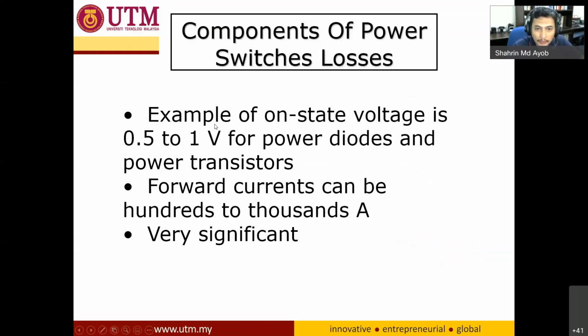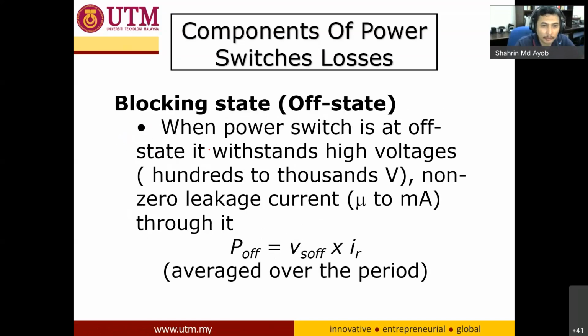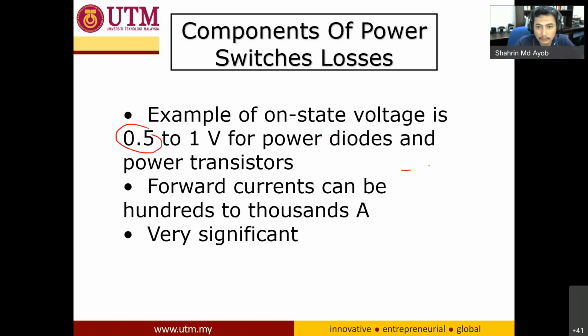This is an example of an on-state voltage: the V forward, the voltage when the diode is in forward bias and current flows inside that diode. The voltage drop multiplied by the current gives a power loss. For the diode, the voltage drop is very small, for example V forward is equal to 0.5.